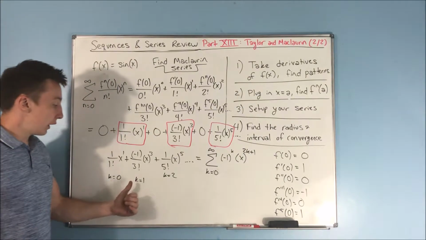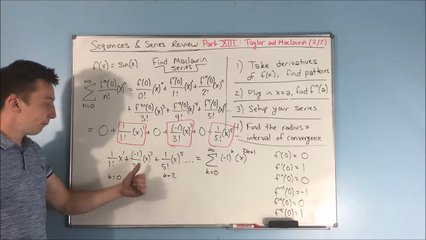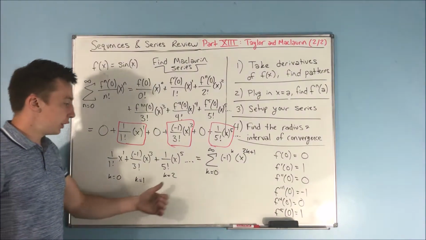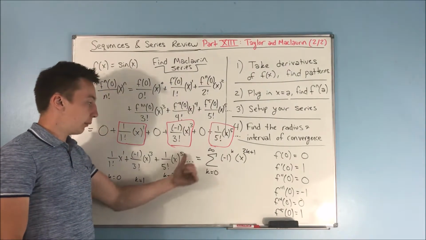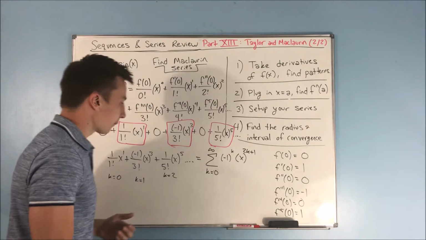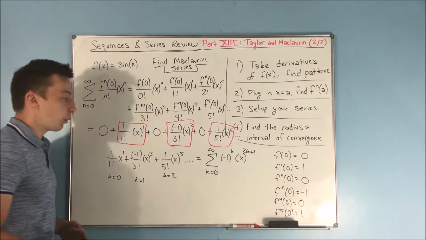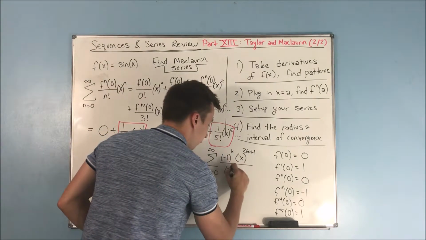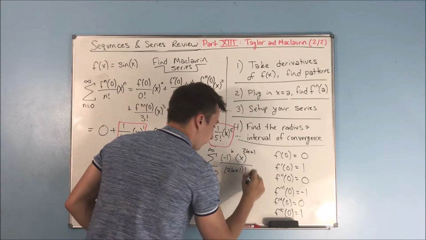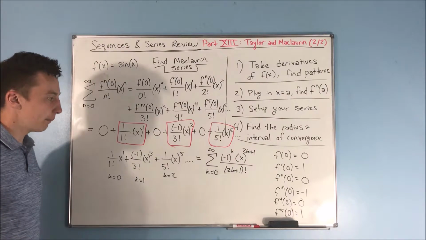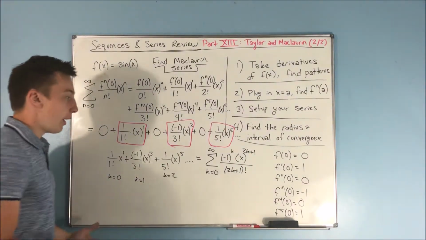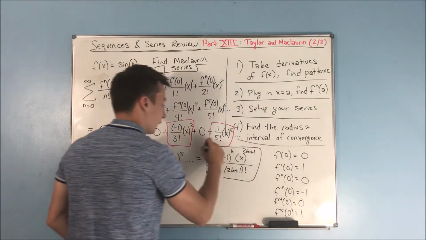With k equals 1, 2 times 1 is 2, plus 1 is 3. With k equals 2, 2k would be 4, plus 1 is 5. So that works out. And the factorials are doing the same exact thing, 1, 3, 5, so we'll have a over 2k plus 1 factorial. And right there, you now have your series.